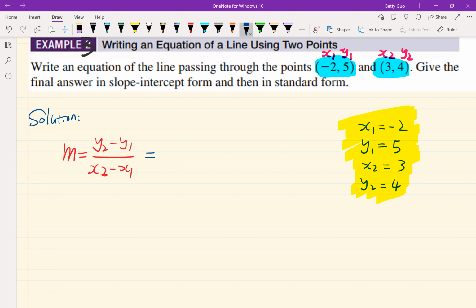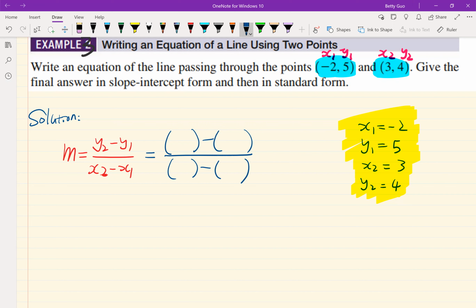Plug in the 4 values in the formula. You know, when I solve this kind of problem, I would always use parentheses first. I did emphasize this is important, right?